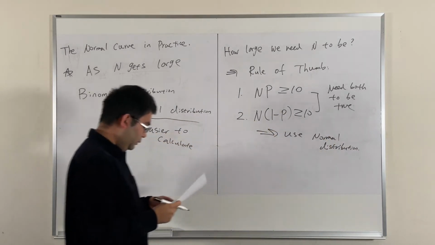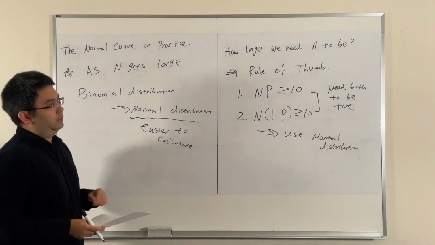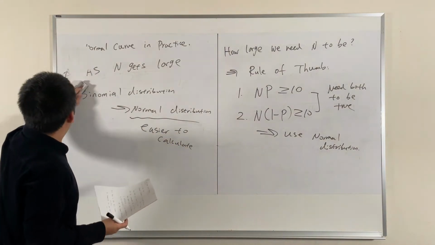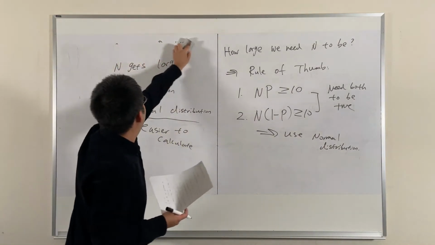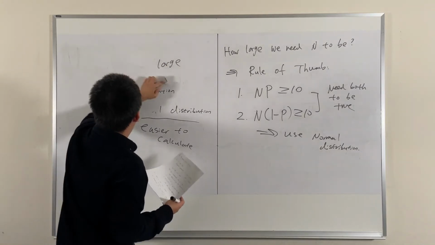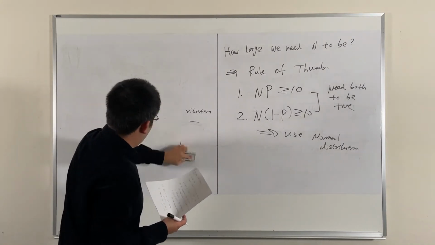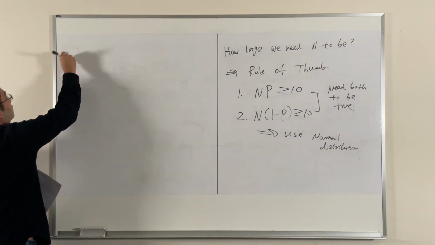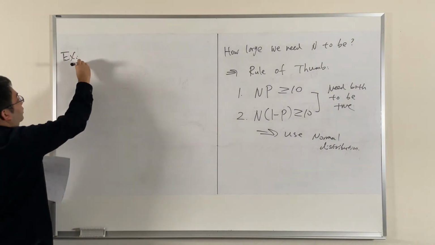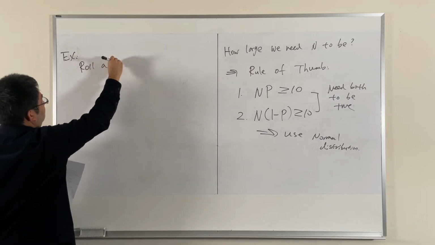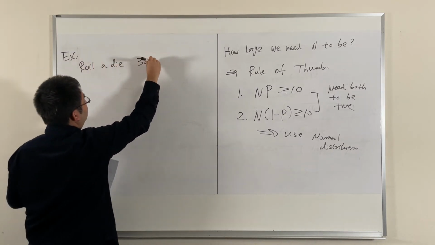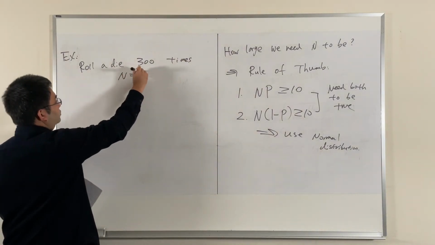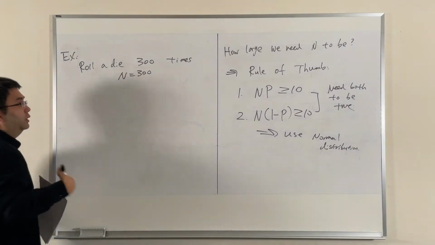Okay. Well, let me just go ahead and do an example to demonstrate how you can use this concept. Example where you're going to roll a die 300 times. Right? So you're going to roll a die 300 times, then n equals 300, just a very big number.